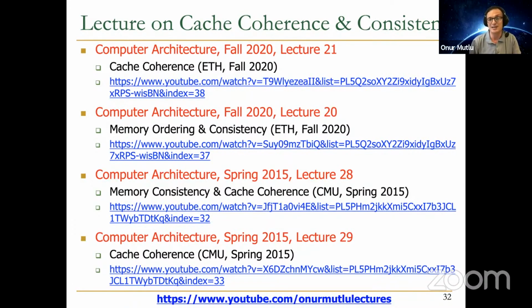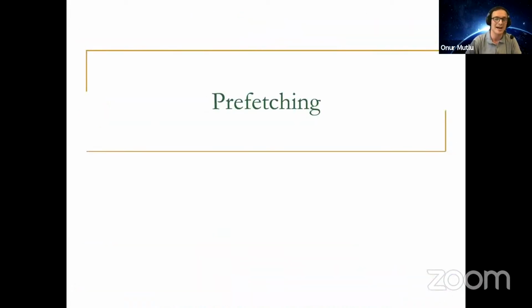But keep this in mind when you have cache coherence and consistency issues and you're prefetching data early into the caches. How does that affect cache coherence and consistency, etc.? If you prefetch wrong data, for example, that you're not going to need, you may actually cause coherence misses for some other caches potentially, right? Or you may actually cause other traffic for some other caches, and that may actually be problematic.